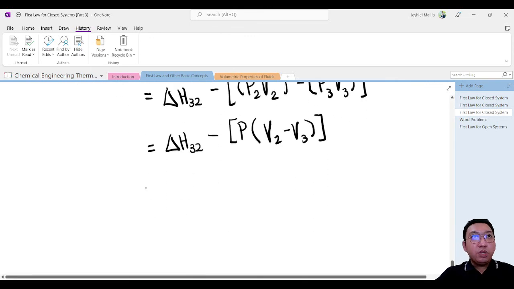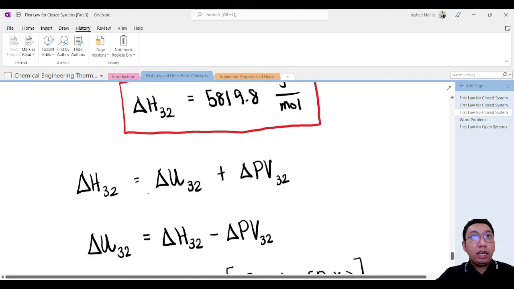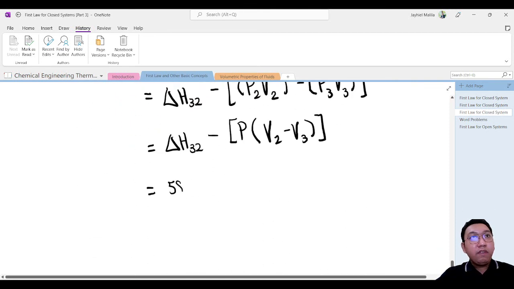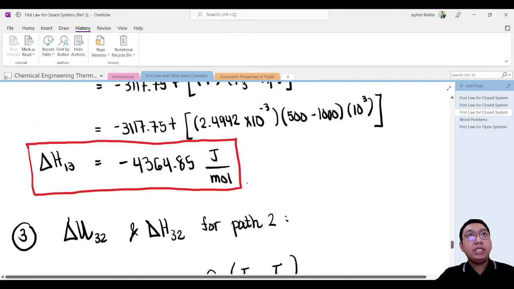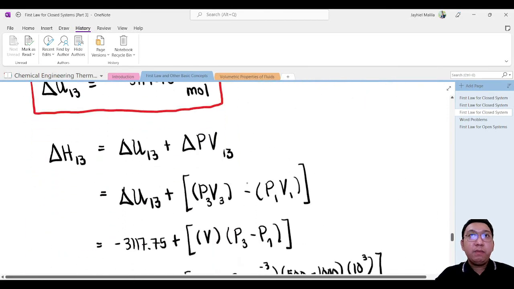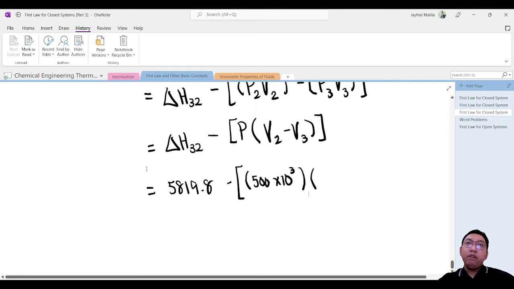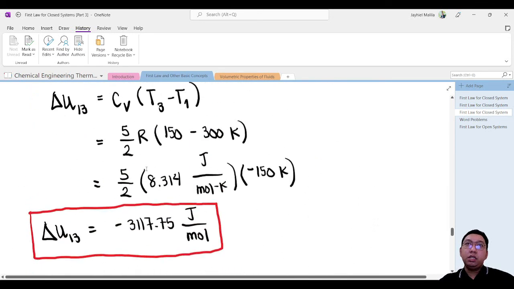Okay, so let's try to substitute everything. Delta U is 5819.8 minus the product of the pressure that is maintained constant, that is 500 kPa. So remember that it's kPa, so I need to add times 10 to the power of 3, to make sure that everything is consistent. Then V2 minus V3.